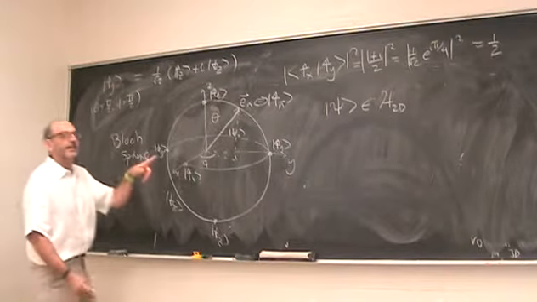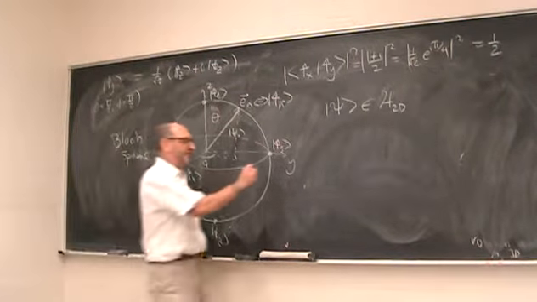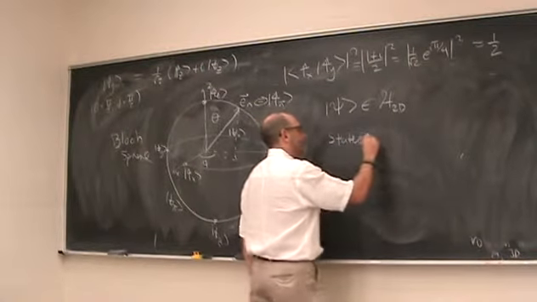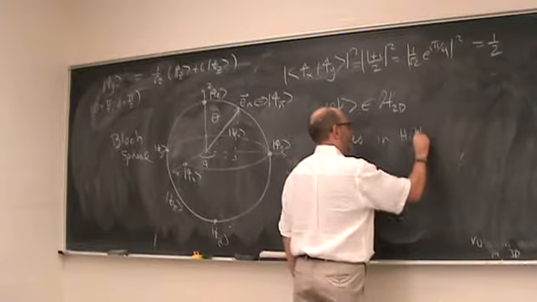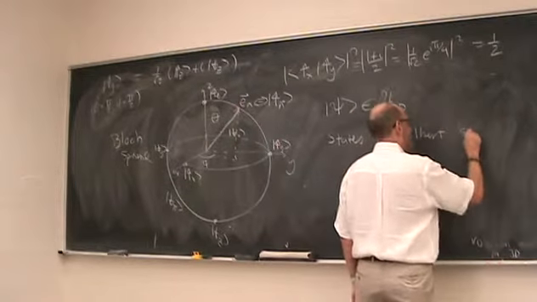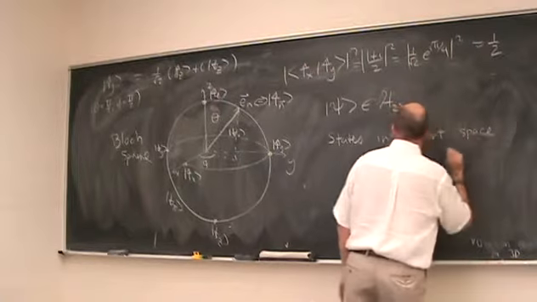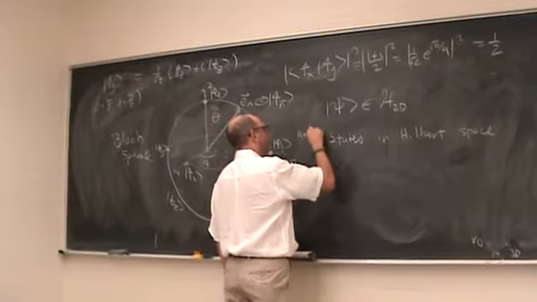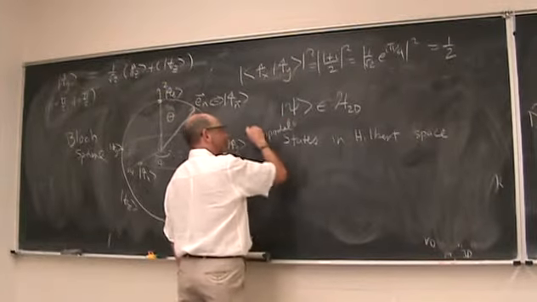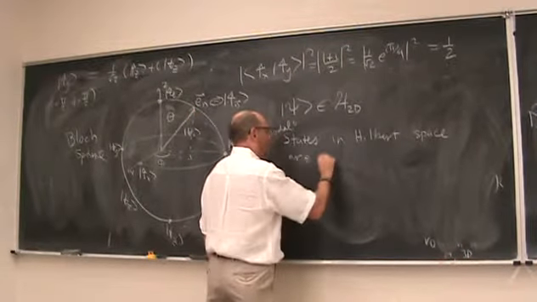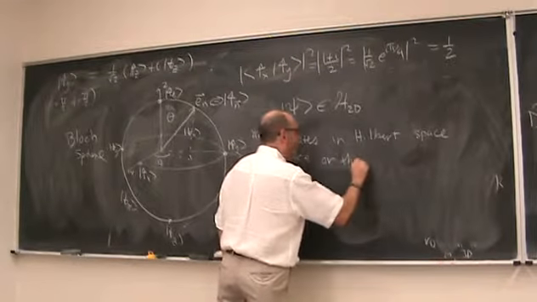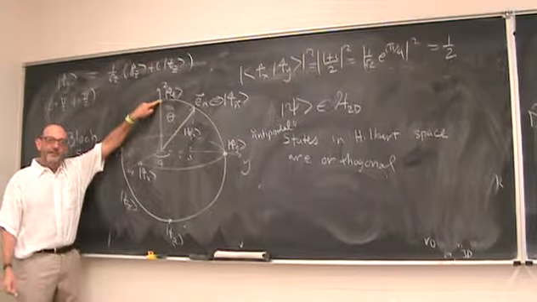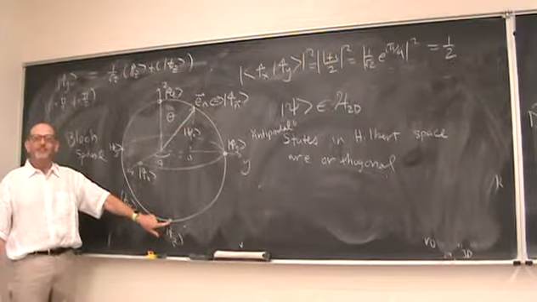Now, notice states in Hilbert space, I should say antipodal, are orthogonal. That is to say, the North Pole of the Bloch sphere is orthogonal to the South Pole.